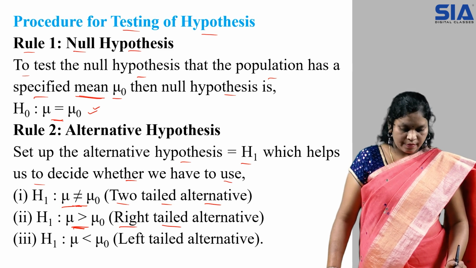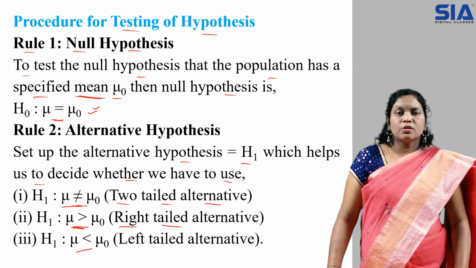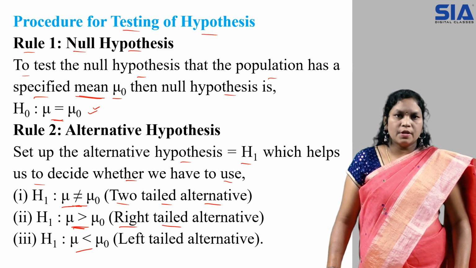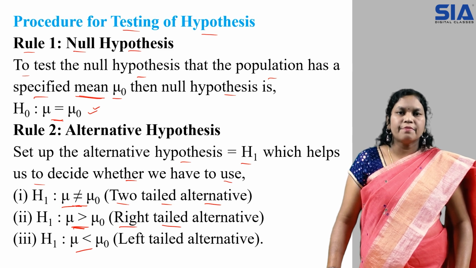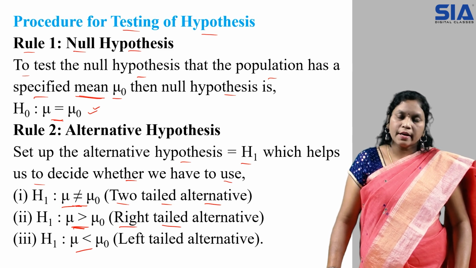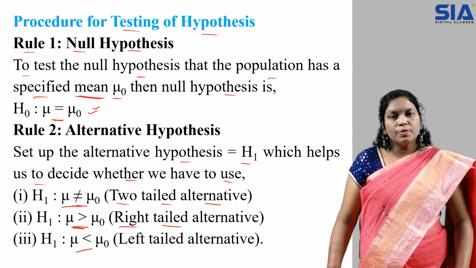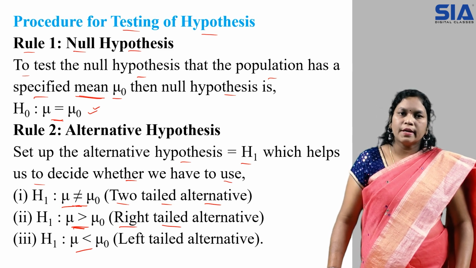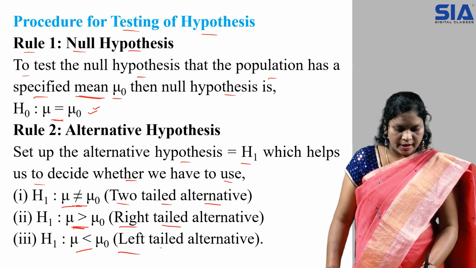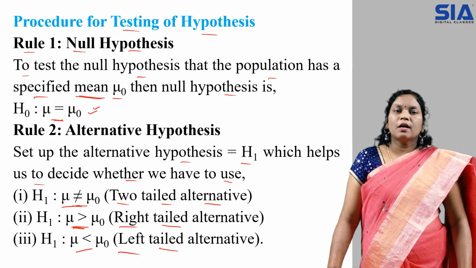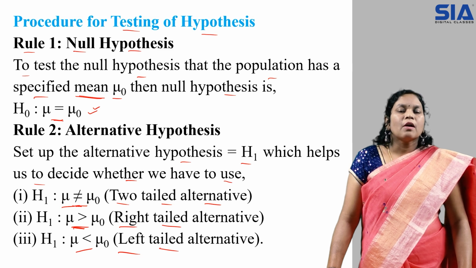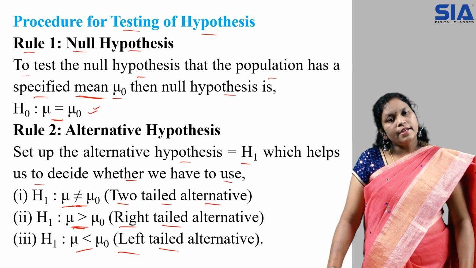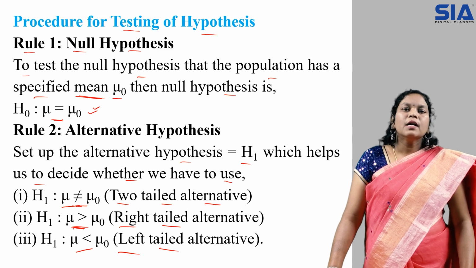And one more case we have, that is H1: mu less than mu naught. If in the data we get words like less than, or where we need to compare, if less than comparisons are there, we'll go for this alternative, that is mu less than mu naught. And whenever you get the less than symbol in the alternative, we'll call it left-tailed, because whenever we draw the curve related to this data, the tail always falls on the left side for less than symbols, and on the right side for greater than, and both sides for not equal to.